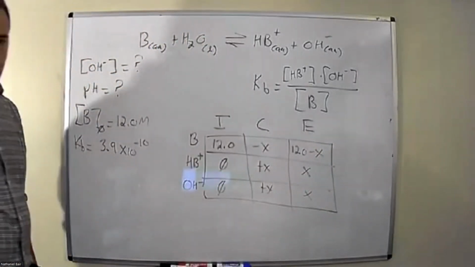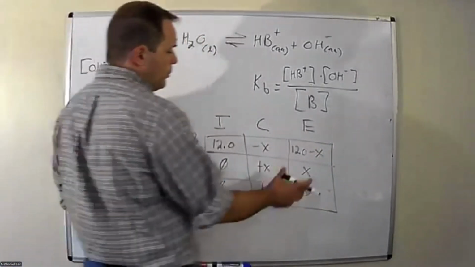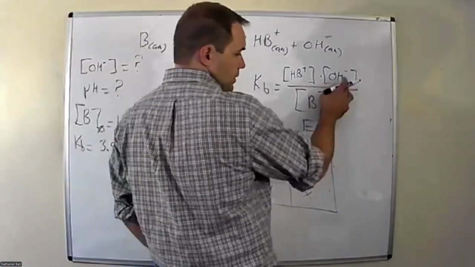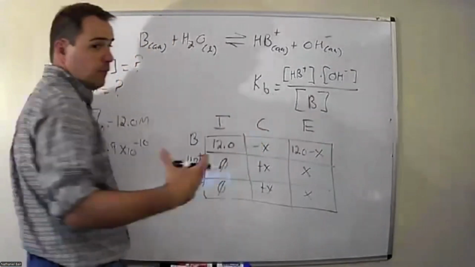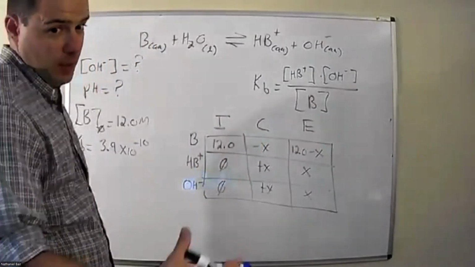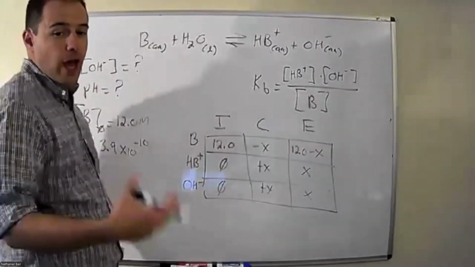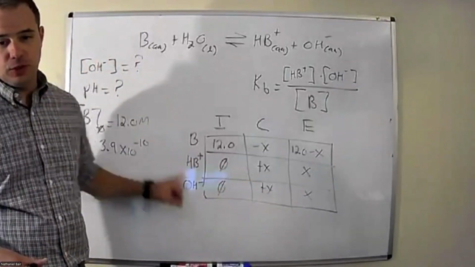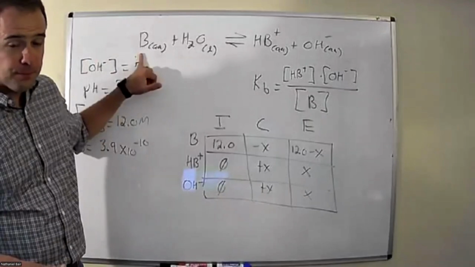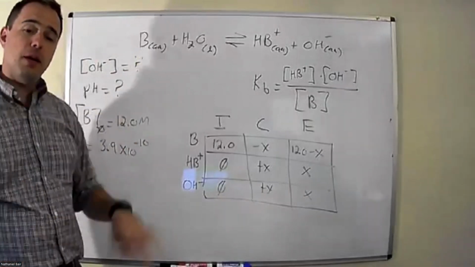So there's our ICE table. Now we plug this stuff into the mass action expression, plug in Kb, see if you can make the x small assumption, and solve for x. Once you get x, x is the hydroxide. So you'll have one of the pieces of the puzzle. And then once you get the hydroxide, think about how you can get to the pH.